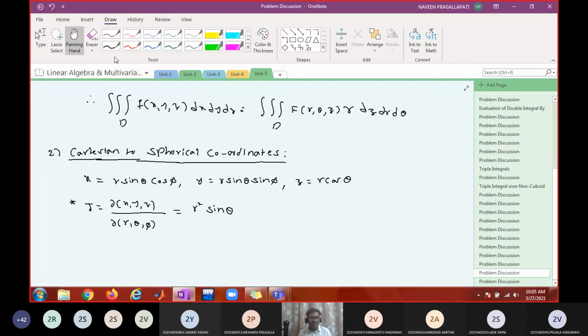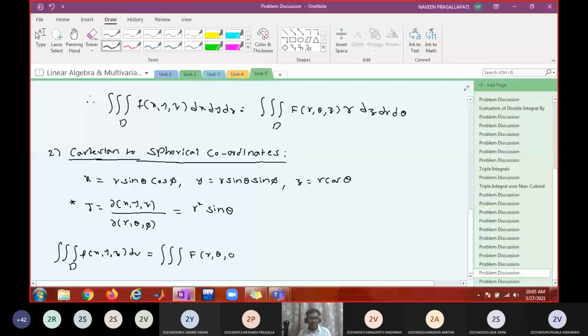Then the integral of f of x y z dV over the domain D becomes f of r theta phi into the Jacobian r square sin theta, modulus of J also r square sin theta, then dr d theta d phi.